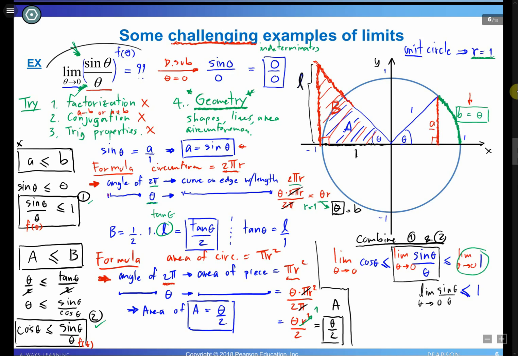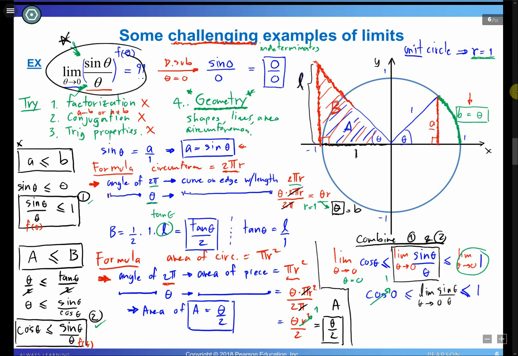Now on the left hand side, limit of cosine theta when theta approaches 0. We are going to try the direct substitution, theta equal to 0. Cosine of 0 is equal to 1.